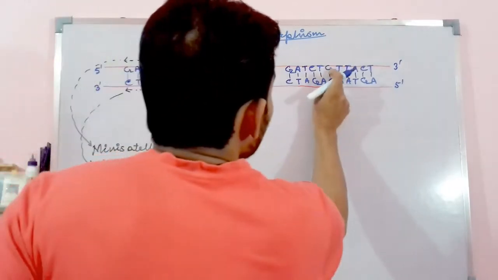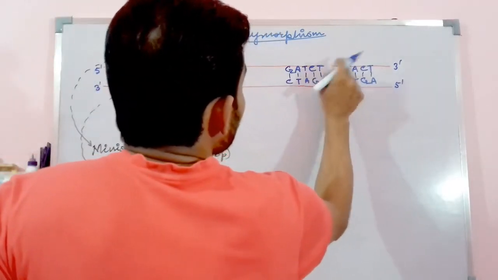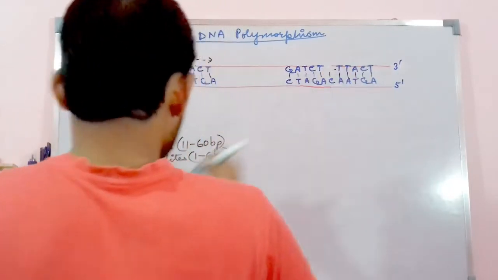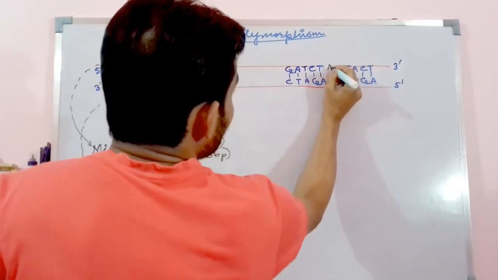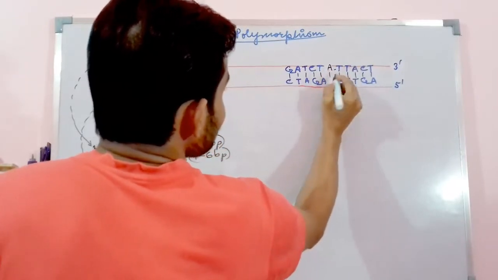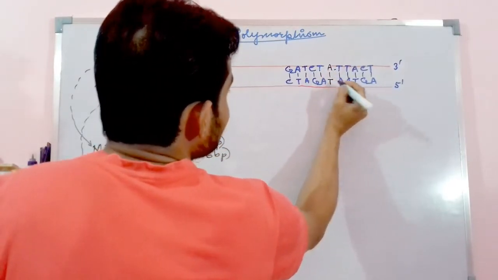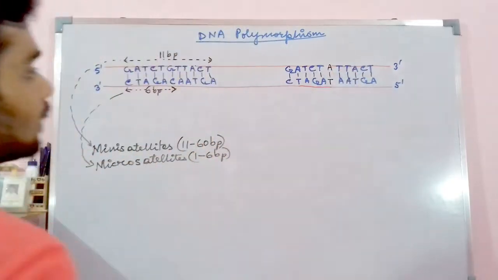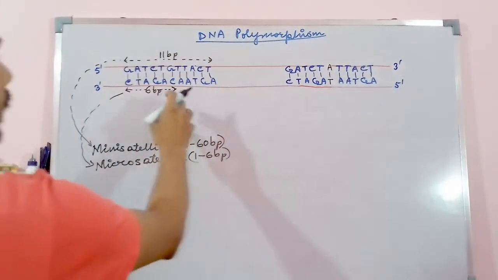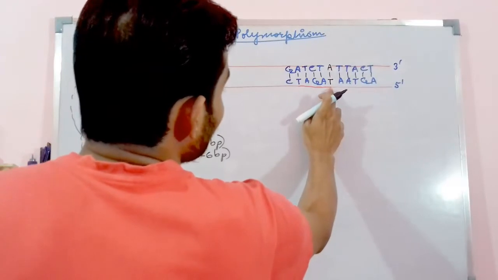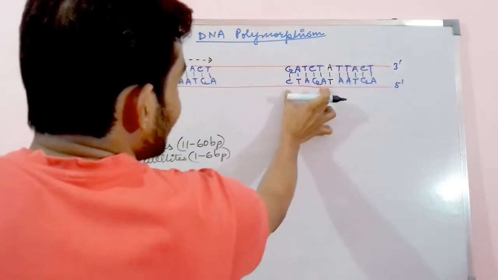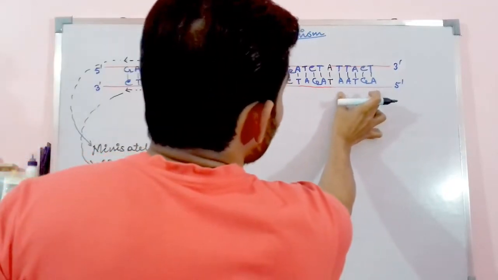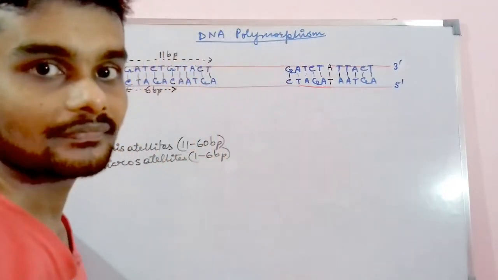Suppose here, in case of G, let me write, here it is A, and the complementary nucleotide would be T. Okay. So you see that this nucleotide which is present in the middle has changed, but the starting nucleotide and the ending nucleotide sequence are the same.